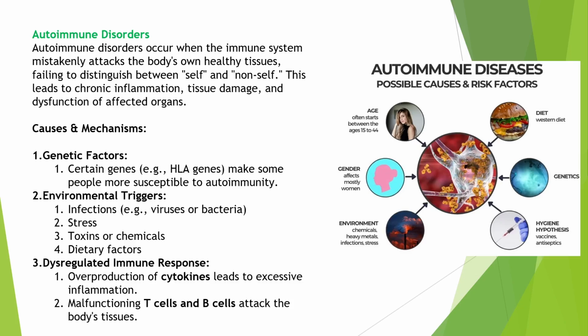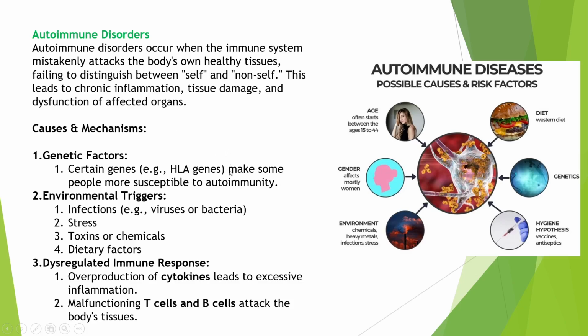So one of the main factors is genetic. That is, if there are any mutations in your genes, or if the genes are non-functional, or there is some problem in your HLA genes, which code for your MHC complexes.